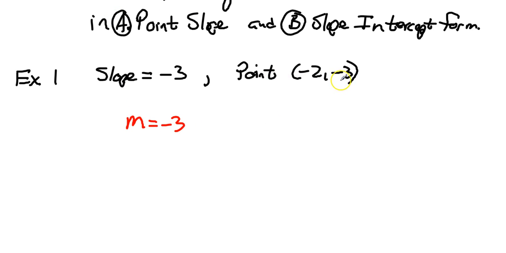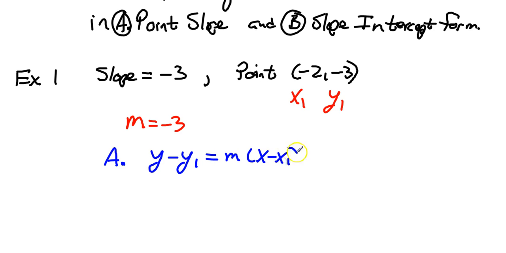This is the first point they give you, so this is x1 and y1. Don't overthink some of the problems, because they make it pretty much what it is there. Once you've got these two numbers, we're going to plug it back into point slope. So that's y minus y1 equals m times x minus x1.